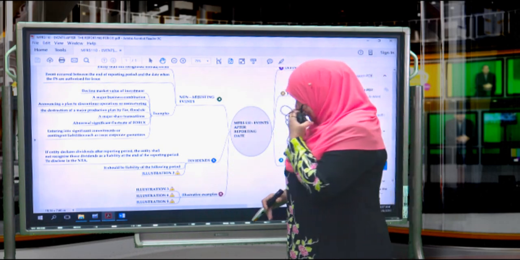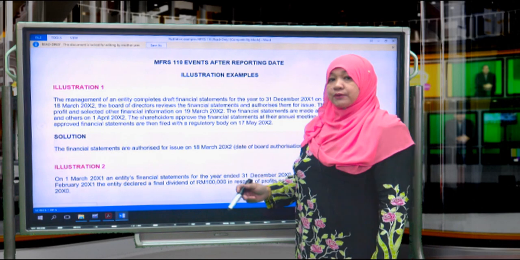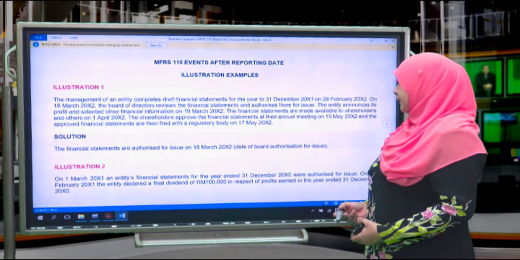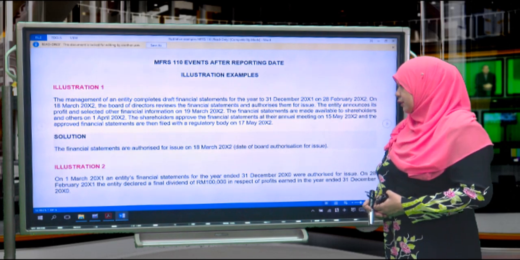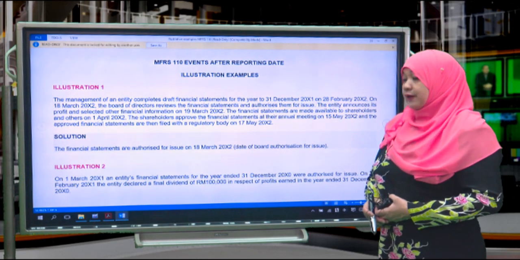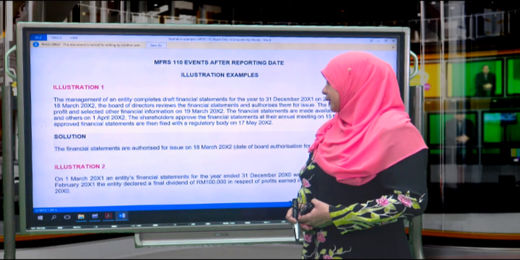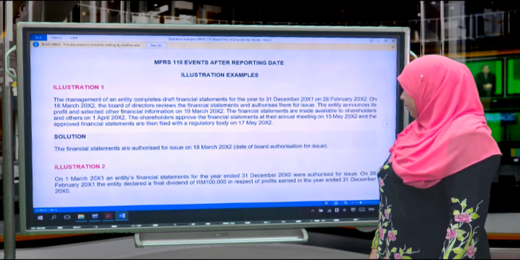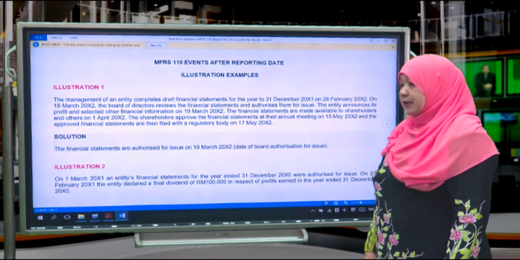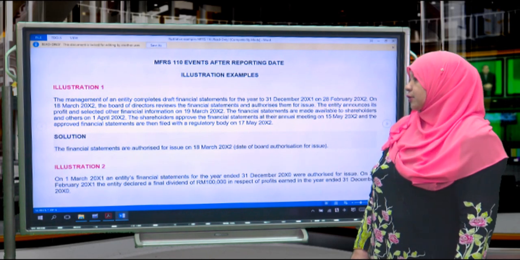Okay, let's look at illustration number 2. On 1st March 2001, an entity's financial statements for the year ended 31st December 2000 were authorized for issue. On 28 February 2001, the entity declared a final dividend of 100,000 in respect of profits earned in the year ended 31st December 2000.